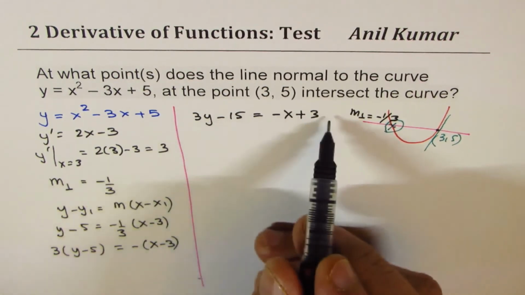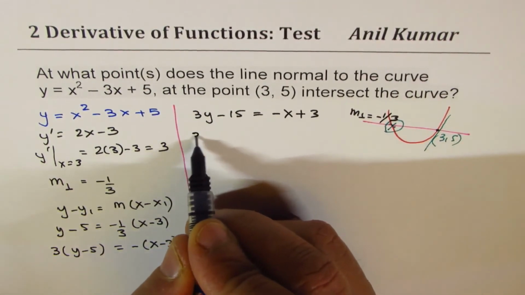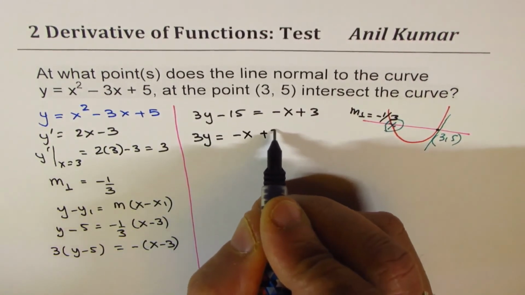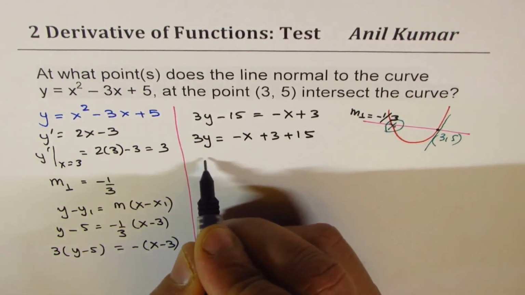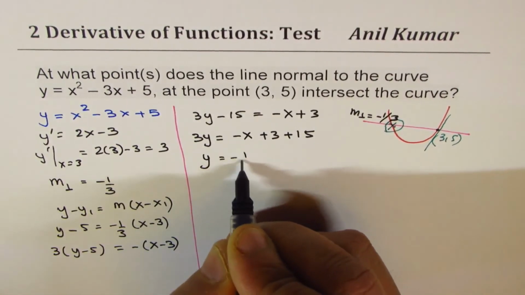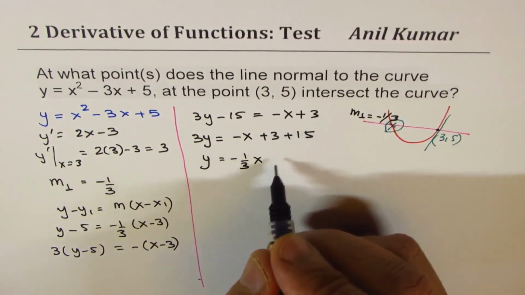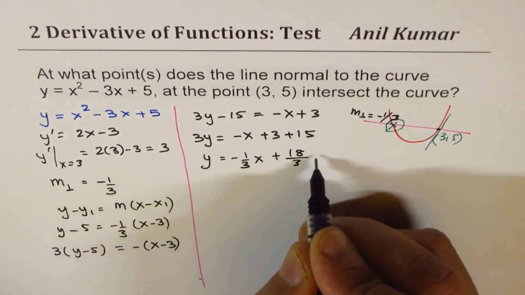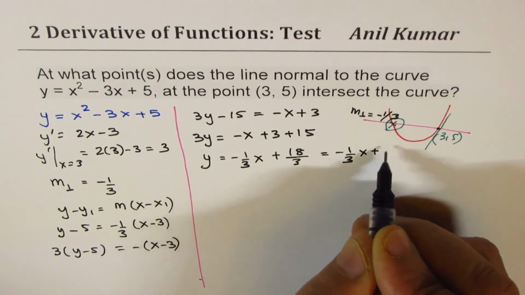If I rearrange, I get 3y equals minus x plus 3 plus 15. So y equals minus 1 over 3 x, and 5 plus 3 is 18. So we get 18 divided by 3, which is 6, right? So this is basically minus 1 over 3 x plus 6.